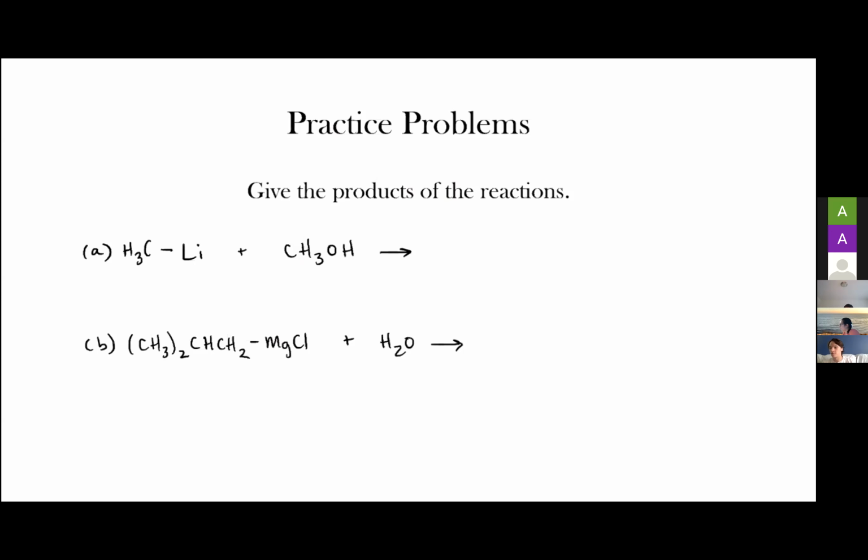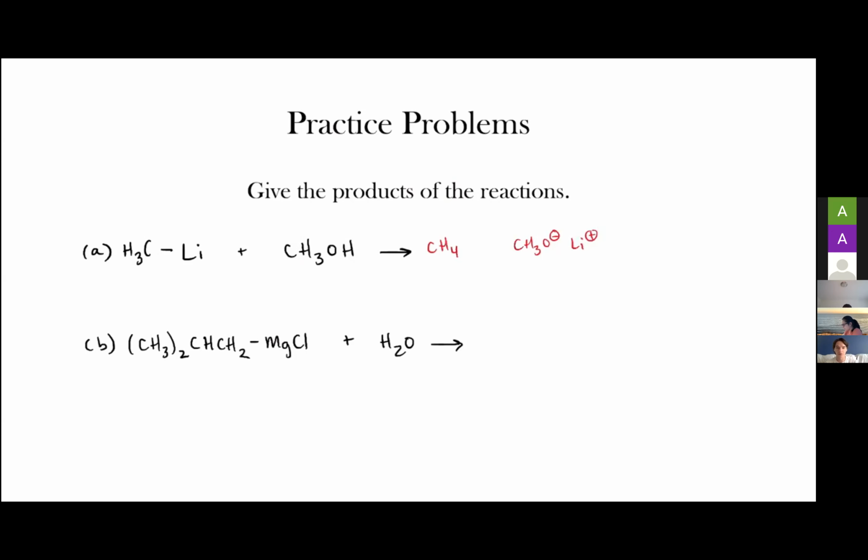So this is what we were just talking about, where we're going to have the formation of a hydrocarbon. We react this CH3Li with methanol. And so our main products are going to be CH4 plus CH3O minus with the Li plus.